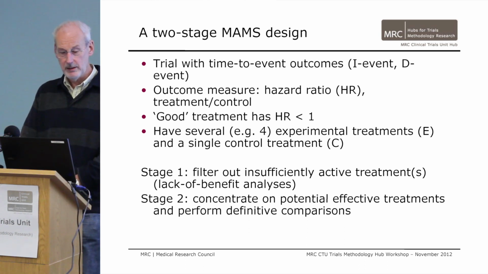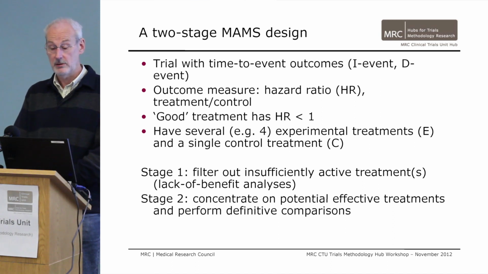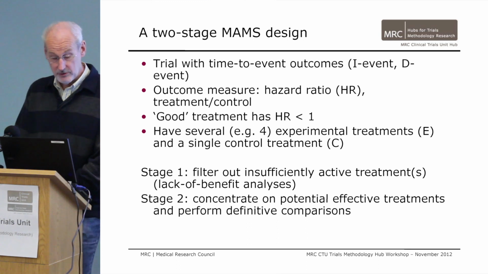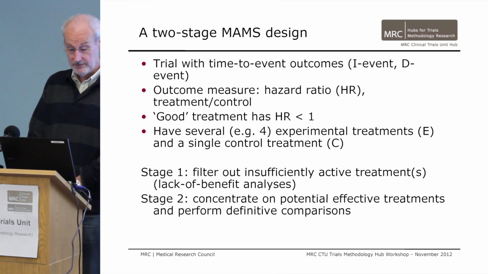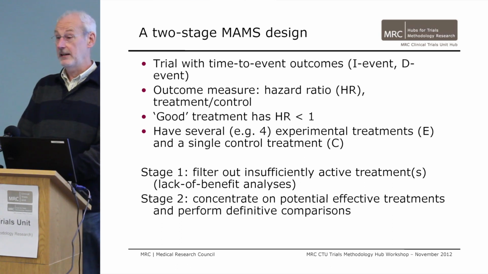And then we have a number of treatments, which are generically called E, experimental research arm treatments, that we want to compare with a standard of care or control treatment, C. The trial has two stages, of course. The first stage is what you might call a lack of benefit analysis.